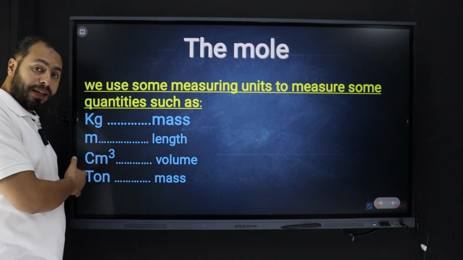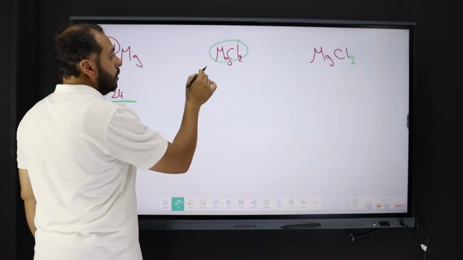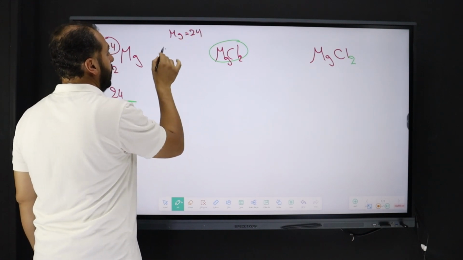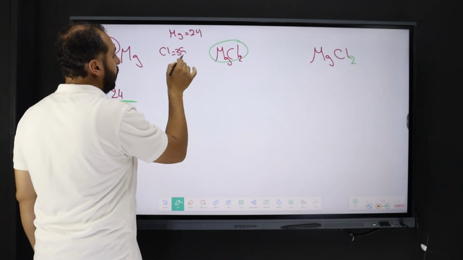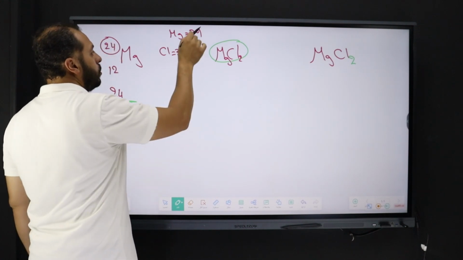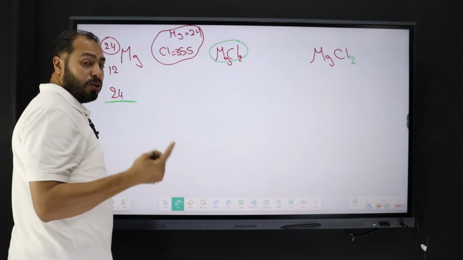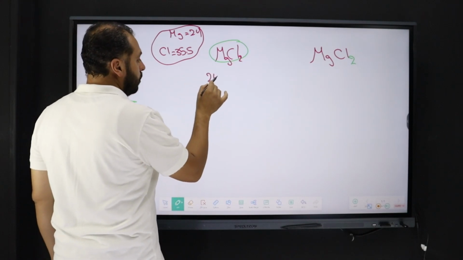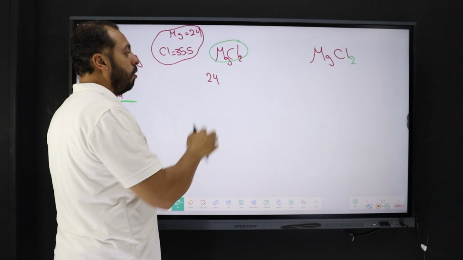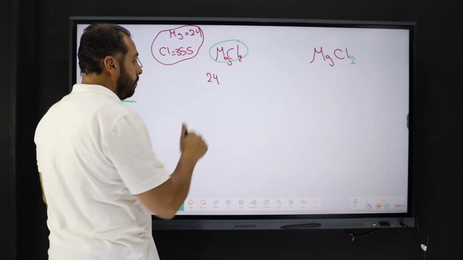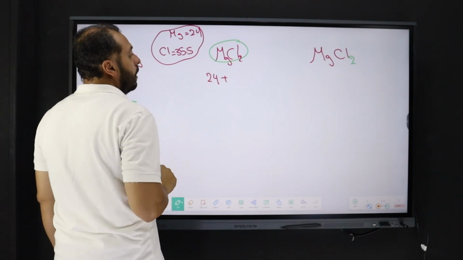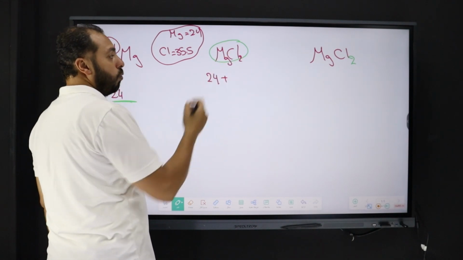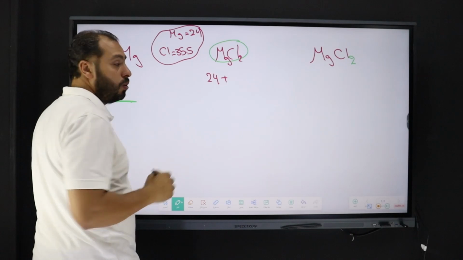Volume, cubic centimeter. So we have Mg, its mass equal 24 and Cl equal 35.5. So the mass of only one molecule equal 24 of the measuring unit of the mass of the magnesium plus how many ions of chloride ions inside these molecules? 2.